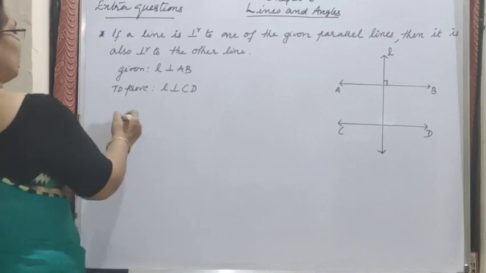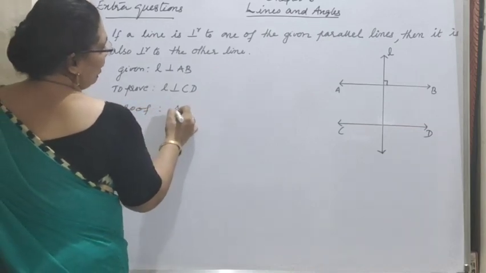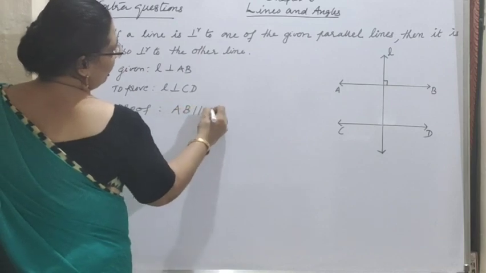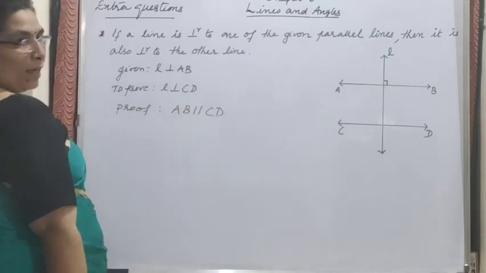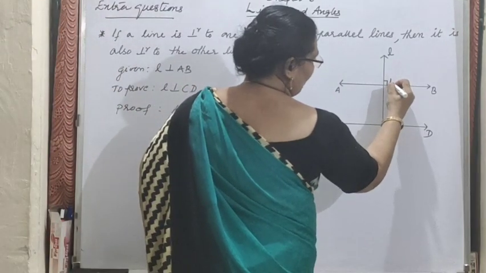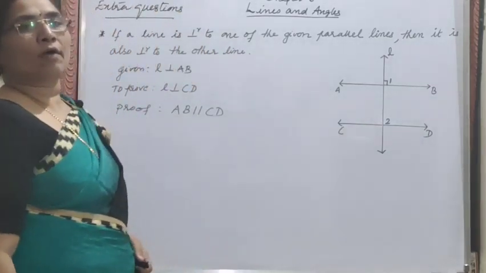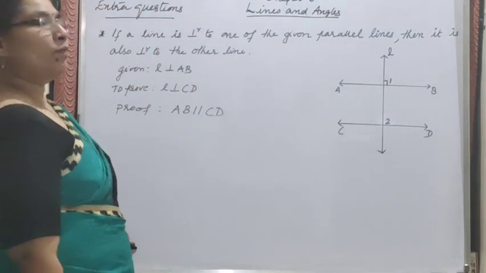So in the proof, what can we write? AB parallel to CD. Okay, now I'll write angle 1 and angle 2 here. AB parallel to CD, so what can you say about 1 and 2?